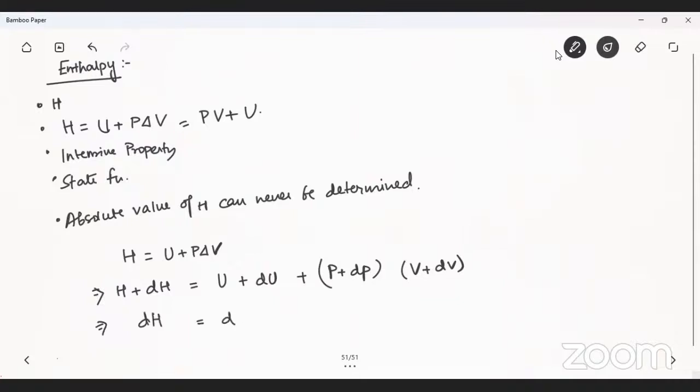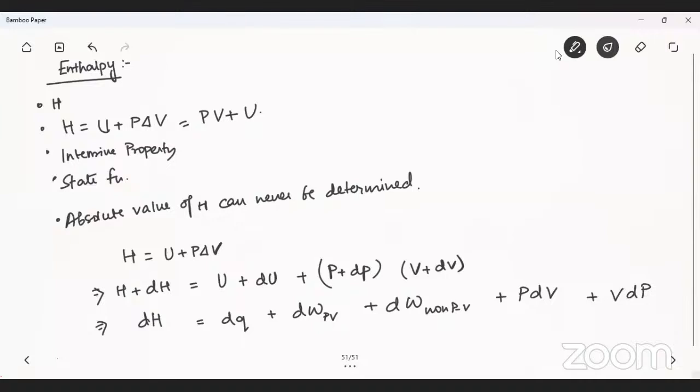Del H is dq plus dw, where PV is constant, plus dw non-PV. I told you there are two types of work. Plus P dV plus V dP.